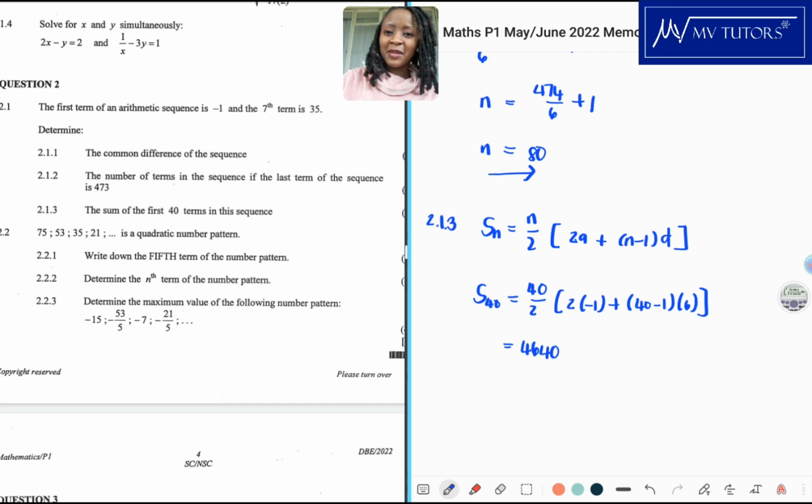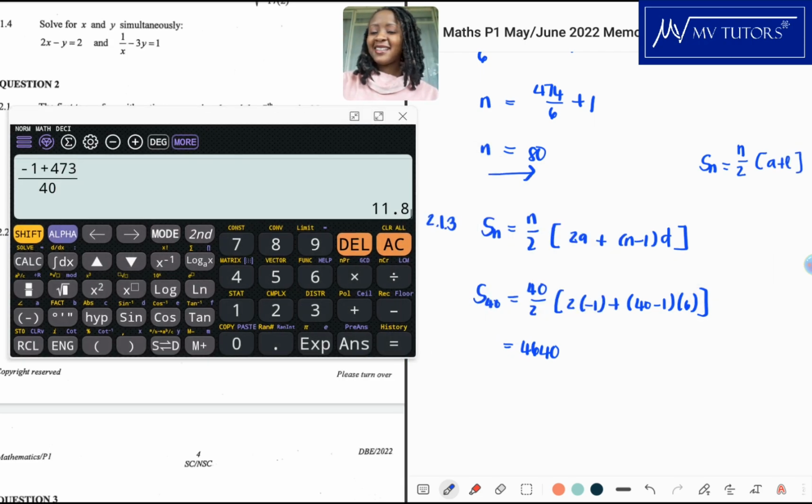Oh, I think it is. Sorry guys, you can definitely skip. I think it was n over 2 and then a plus l. Now let's see. N over 2. So n is 40 over 2, multiplied by the first term negative 1 and the last term 473.